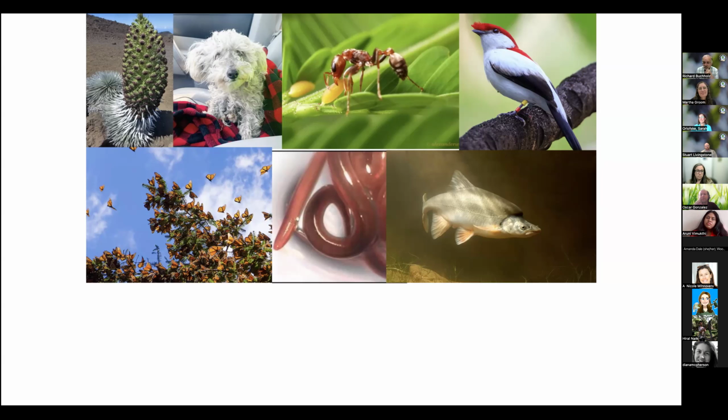On the fish, that's the humpback chub. I included that in part because it's got a really distinctive name for a fish, but a description of its value, for instance, to Native Americans is included in the description.